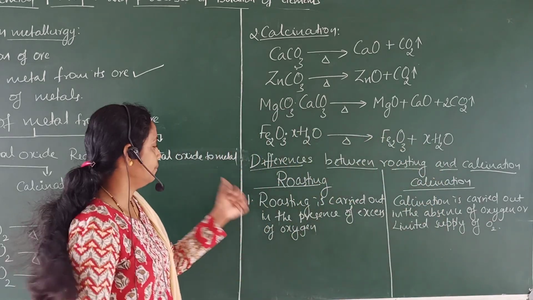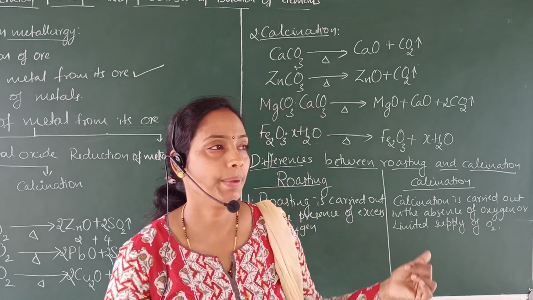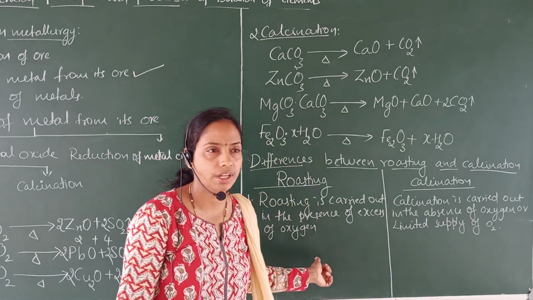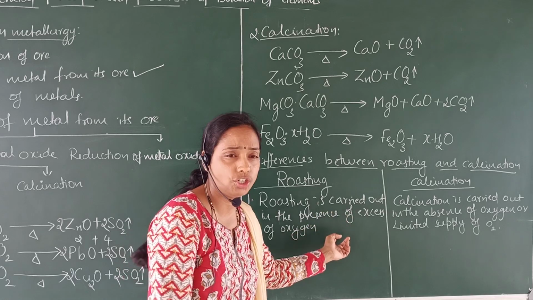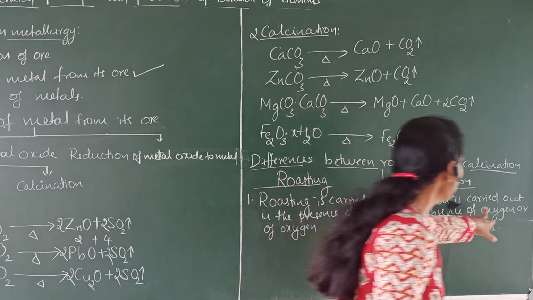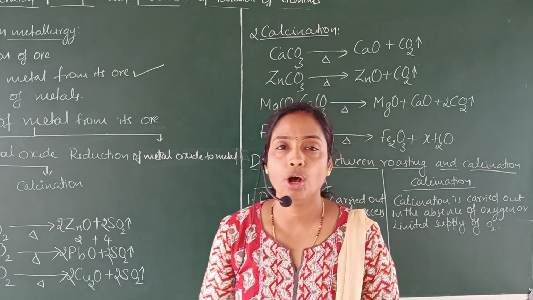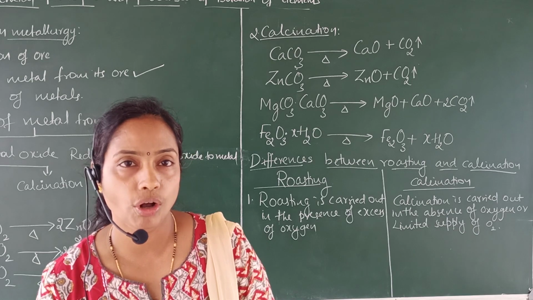So the first difference is that roasting is carried out in the presence of excess of oxygen, or simply you can write the definition of roasting here. Calcination is carried out in the absence of air or limited supply of air.